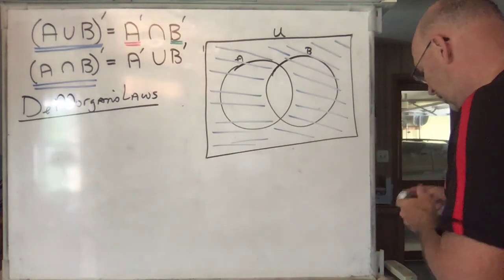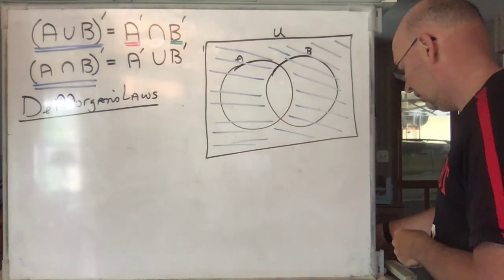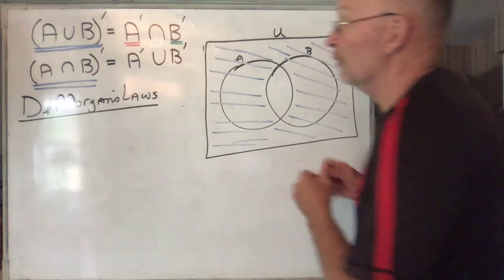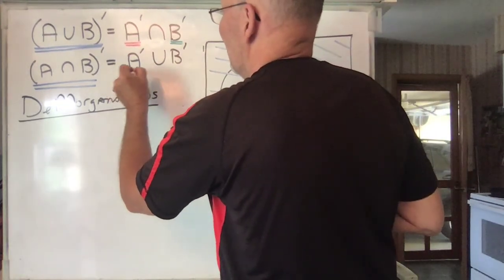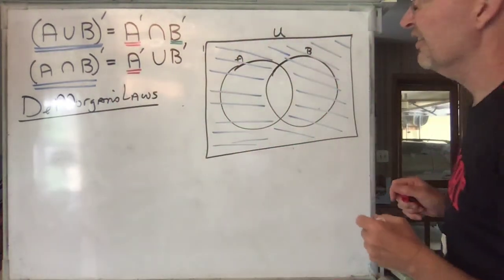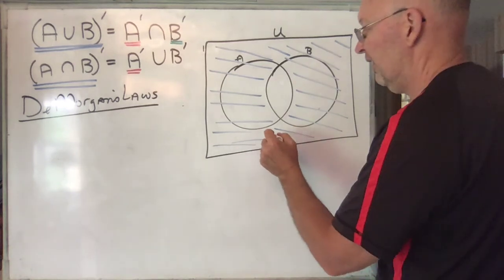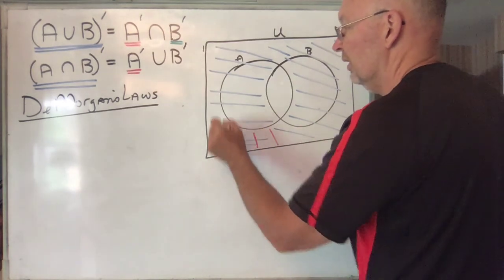Okay. First, what do I want? Let's do this one first. I want everything that's not in A. Everything that's not in A. Let's do it.